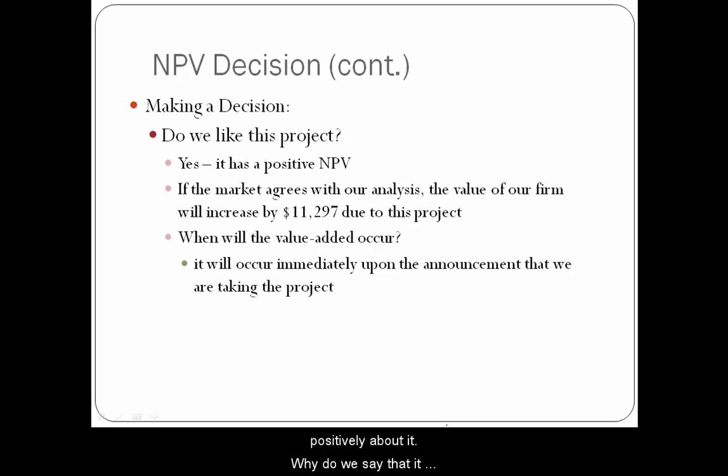Why do we say that it occurs immediately instead of over the next 4 or 5 years? Because remember, NPV is about present value calculation. So the 11,297 is calculated on a present value basis, and so the 11,297 addition should be reflected in the value of the company immediately, at time 0.